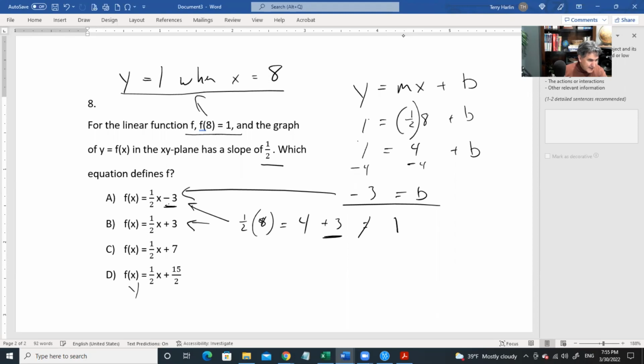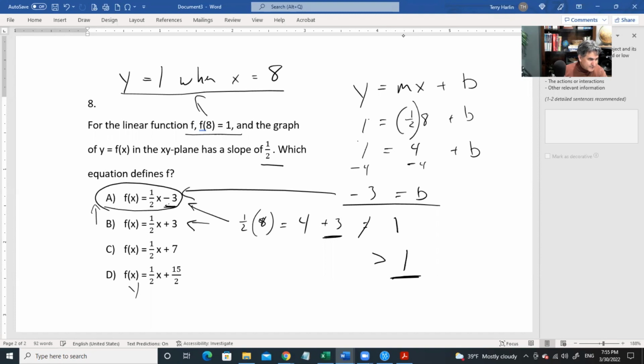And I know my answer has to be less than 3 because 4 plus 3 gives me a number that is greater than the number I'm looking for, y or f of x, which is 1. So I've got to go down, and therefore I go to answer A.